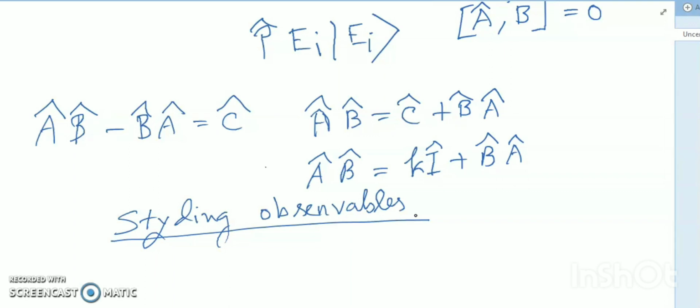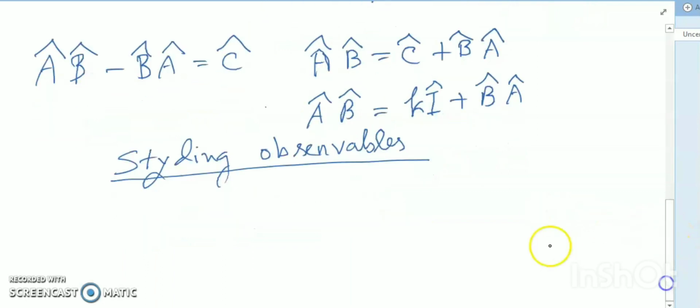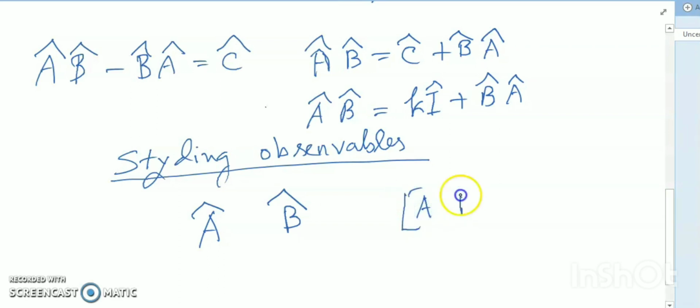derive an emerging property of commuting observables and their eigenbasis. Let's say A and B are two physical observables, which means they both have an orthonormal eigenbasis, and the commutator of A and B is equal to 0. So they both happen to commute.